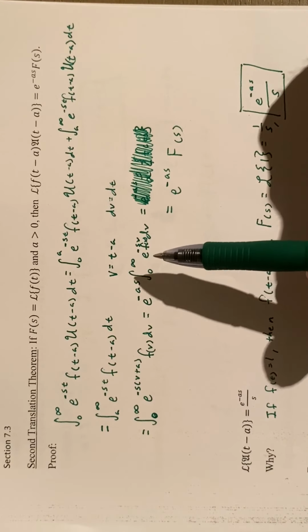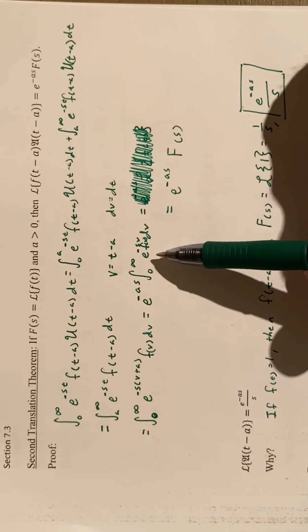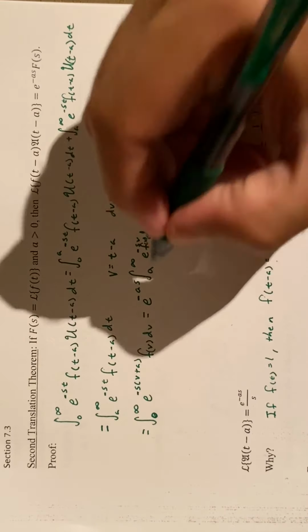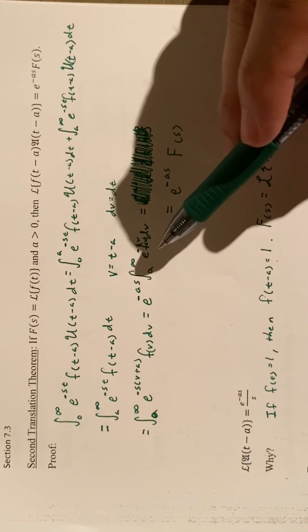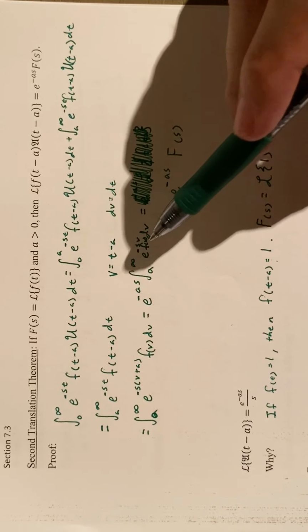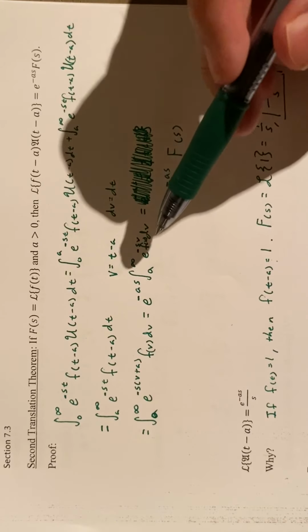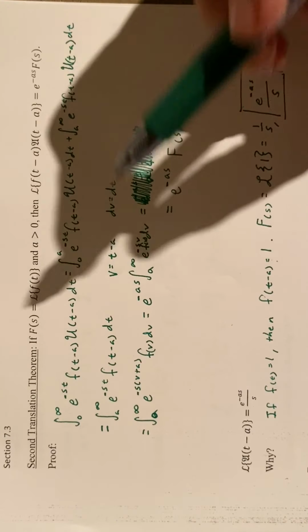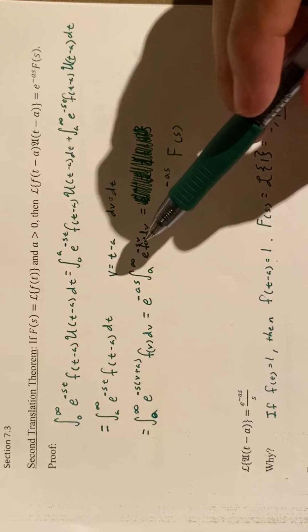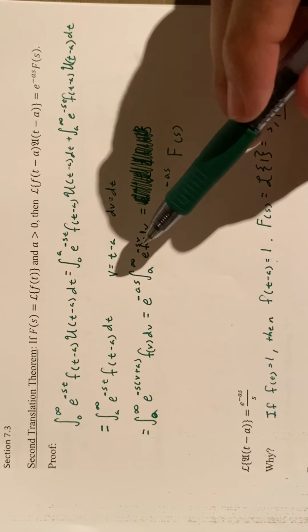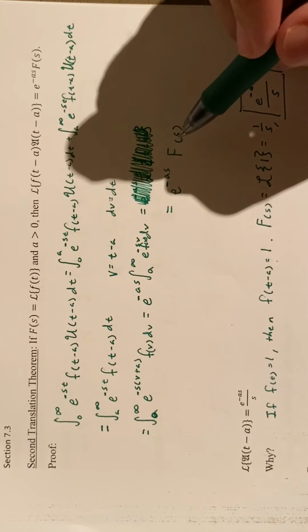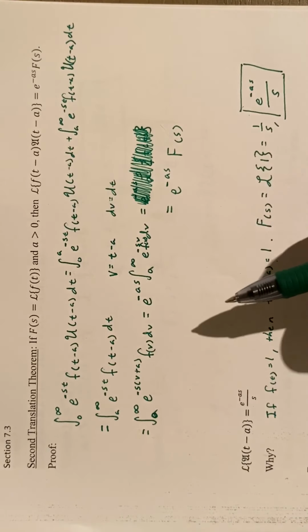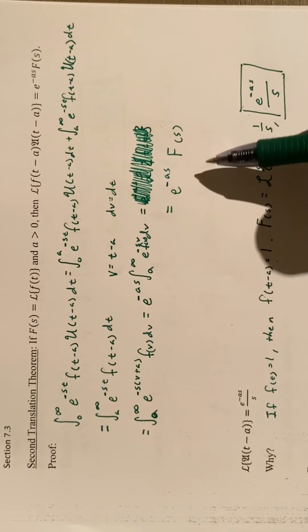And then if we do the integration of this from a to infinity, we're back to the original e to the negative st, but instead of t, it's now v. So when we take the integration, it's just going to give us capital F of s. And so we get our function of s times e to the negative as, because we pulled that out. And so that's why this works.